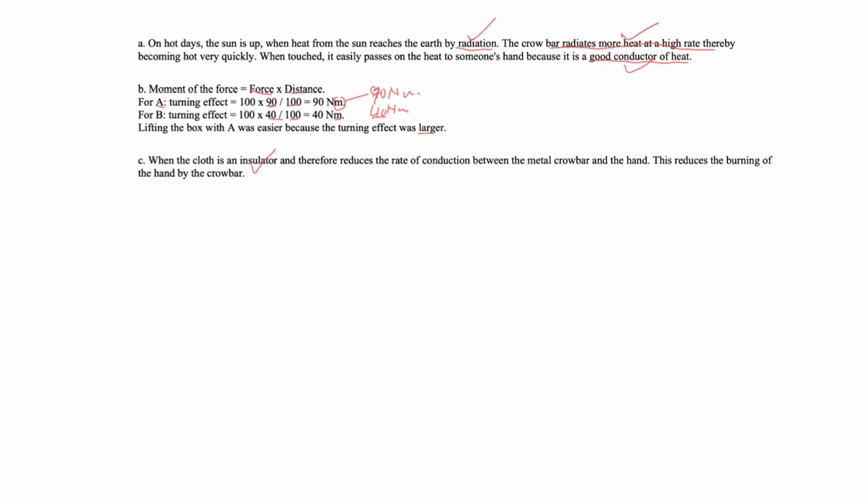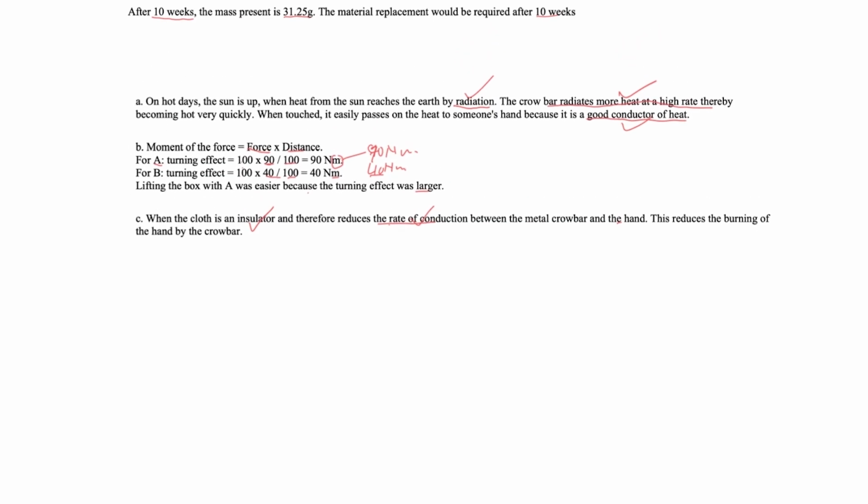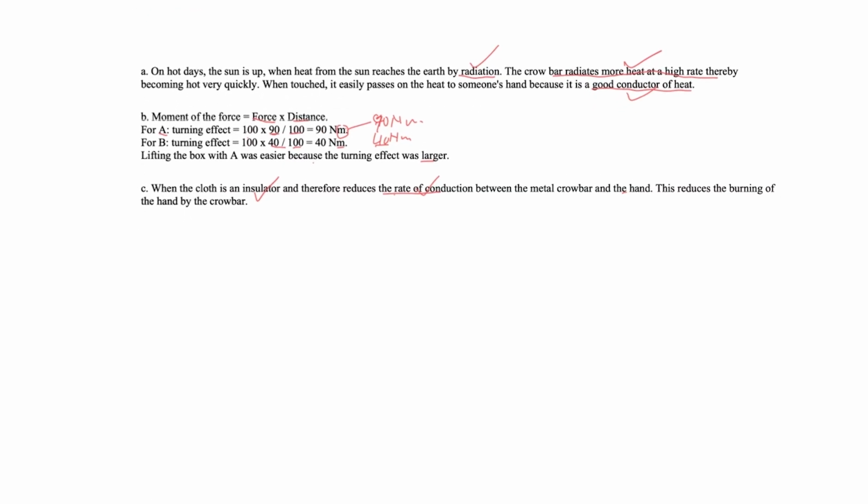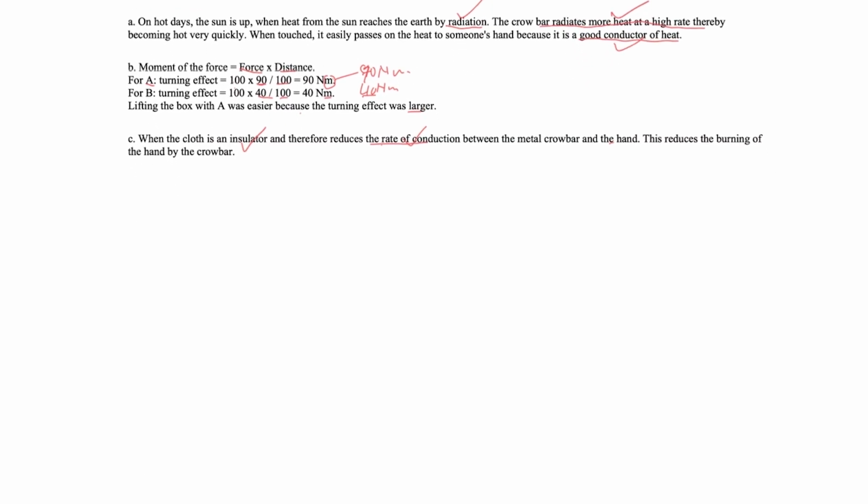So the cloth, we are meant to identify that it is an insulator, and therefore reduces the rate of conduction between the metal crowbar and the hand. This reduces the burning of the hand by the crowbar. So that is how we summed up our item 4 for this case.